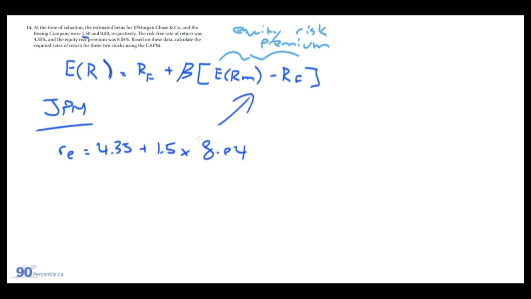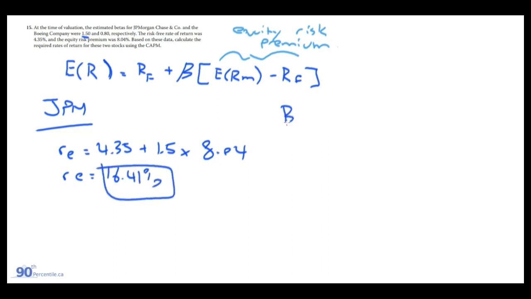That's this entire bracket, right? You can back calculate the expected return on the market because we have the risk-free rate, but in this case, we're just given everything in the brackets here. And we get an expected equity return of 16.41%. So that's their cost of equity.